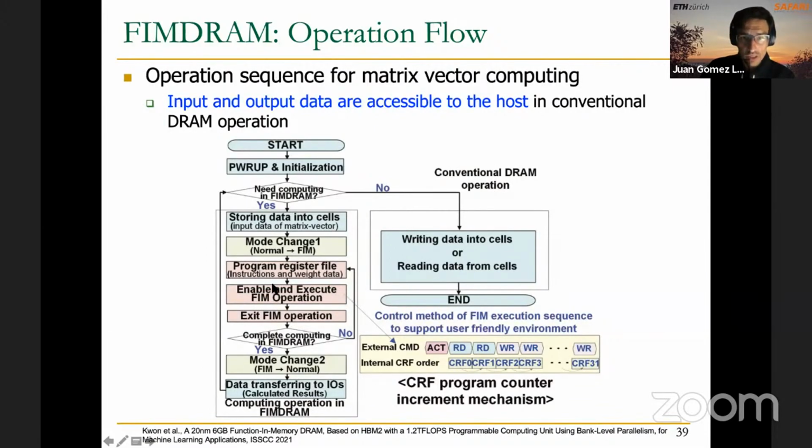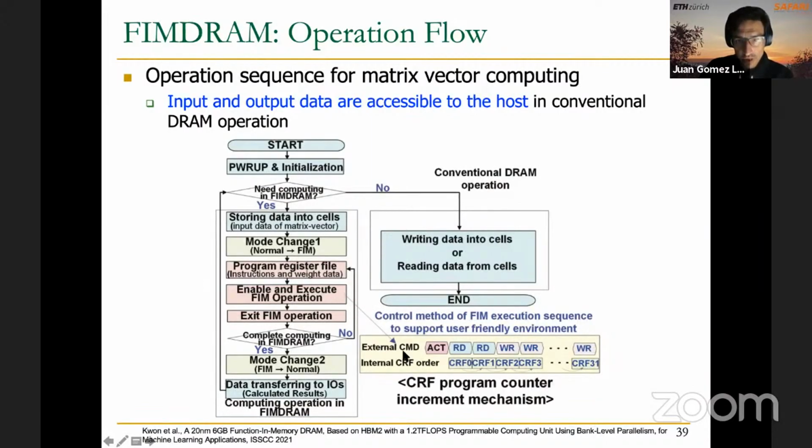And as you can see, the way that we execute instructions is by sending DRAM commands from the memory controller of the host processor to the specific bank. So actually to all banks, because here we operate in all bank mode.